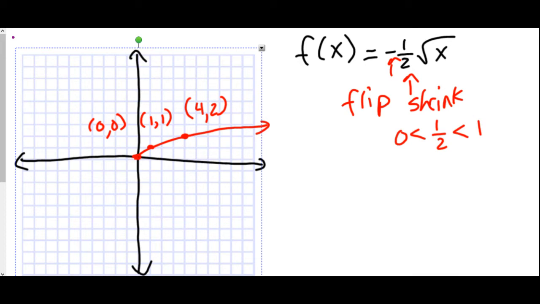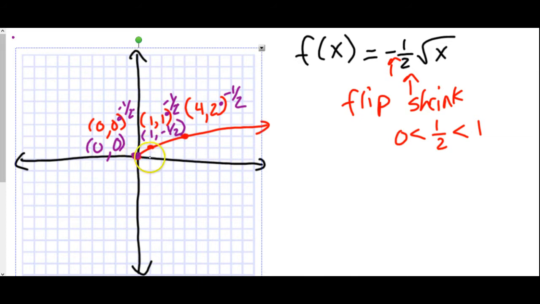So we have to multiply each y value by negative 1/2. If we multiply it by the negative, it's going to automatically flip it for us. So 0, comma 0, because 0 times negative 1/2 is 0. 1, comma negative 1/2. 1 times negative 1/2 is negative 1/2.